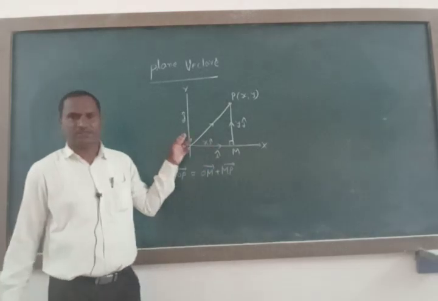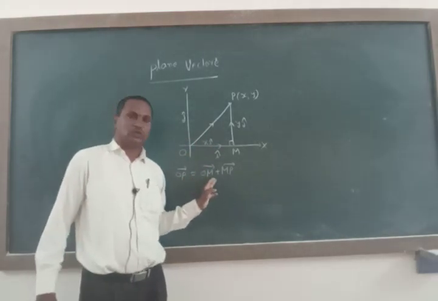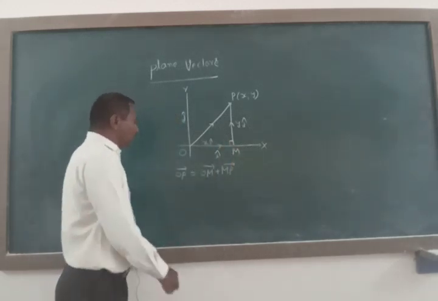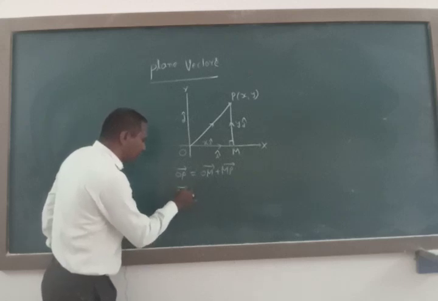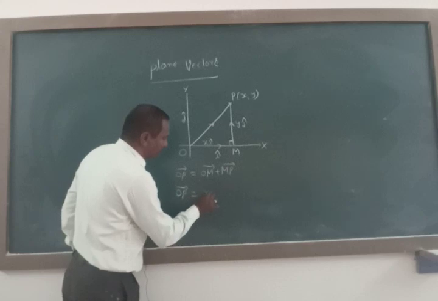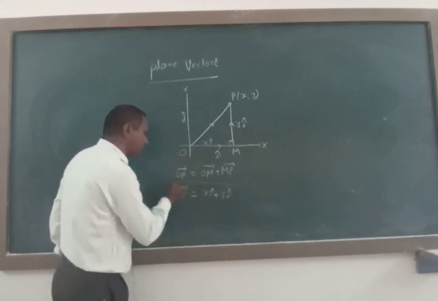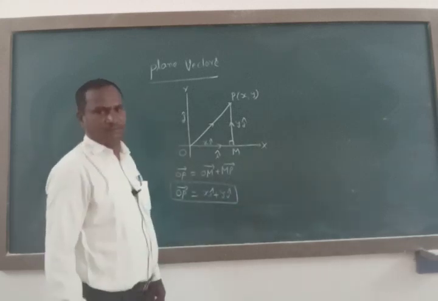So OP bar is equal to OM bar plus MP bar, which means x i cap plus y j cap. The vector OP is always x i cap plus y j cap.